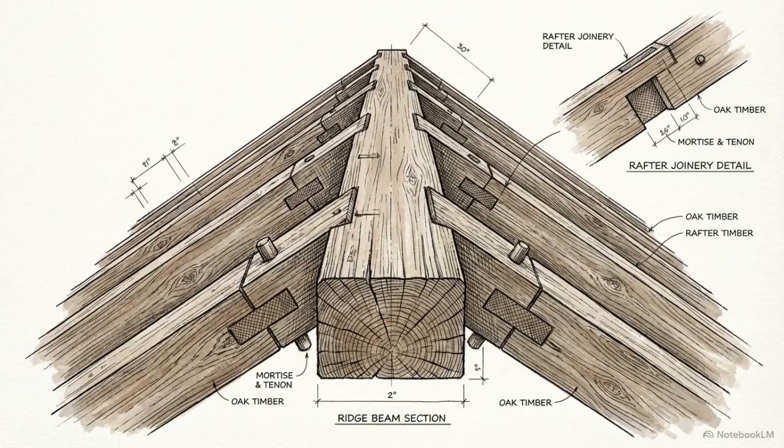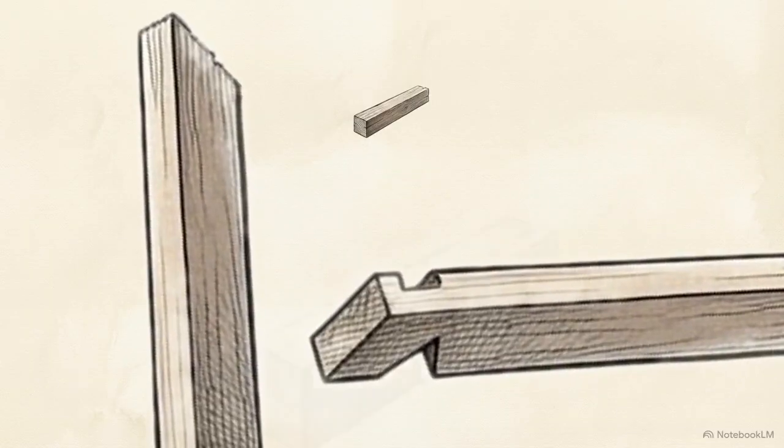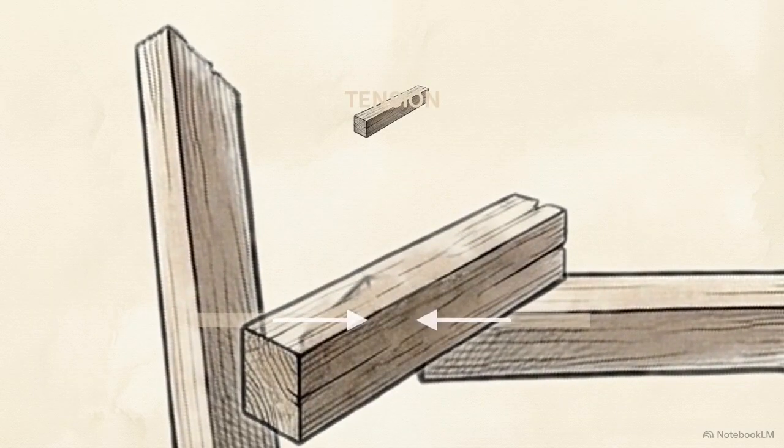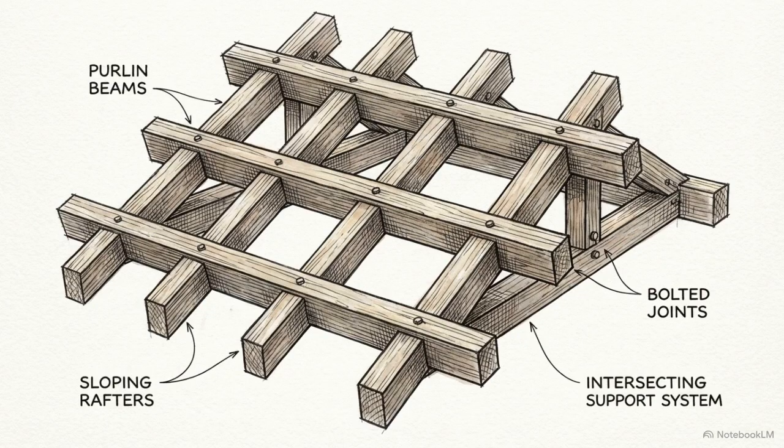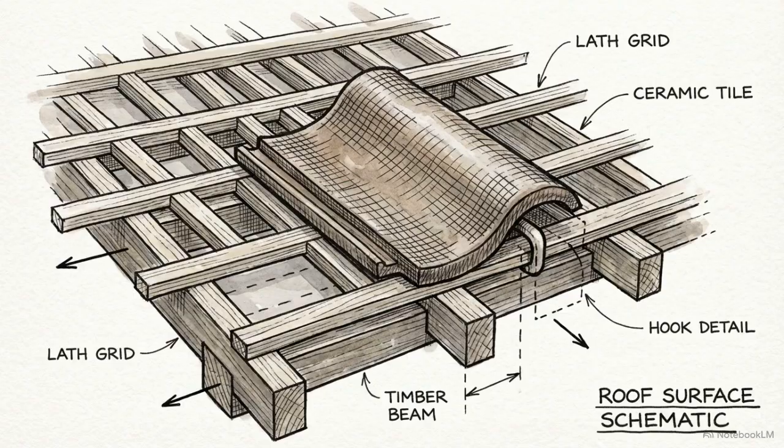At the very top, the central ridge acts as the spine, connecting the ribs at the apex. The ties do the work of internal ligaments and muscles, constantly pulling inward to hold the skeleton together against outward physical forces. The purlins wrap around the ribs like bands of extra support muscle, and the laths form the subcutaneous layer, creating the precise surface area required to hold the exterior skin in place.